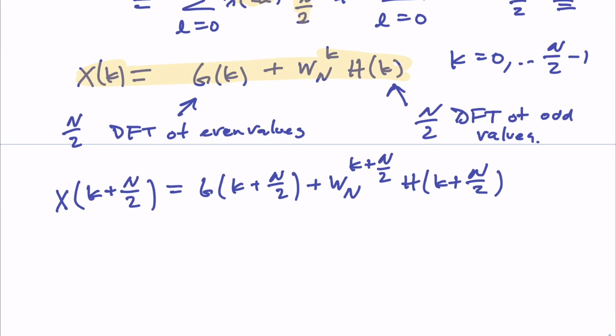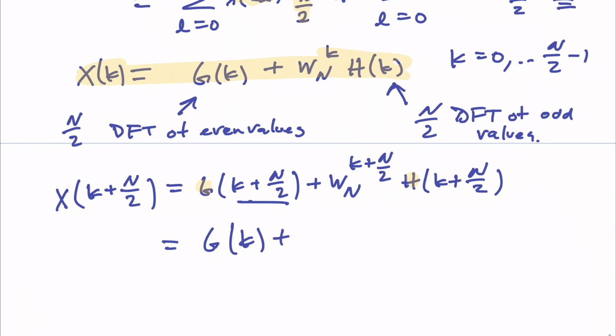Okay, so then we use the fact that the FFT, or the DFT, is periodic, with the period being the length of the FFT. Okay, so G and H are both N over 2 point FFTs, and so that means I can replace G of k plus N over 2 with simply G of k, because it's periodic.